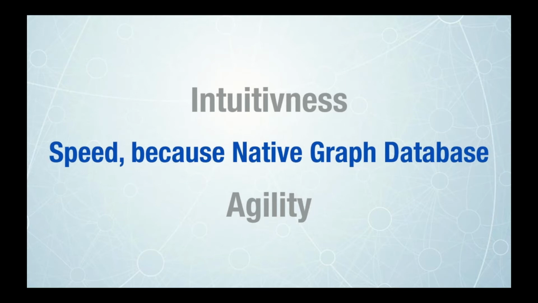And speed, I mentioned, as you're able to have a constant performance even as your data size grows, as long as you're going on the same size of data. And that's really because of the native graph database technology. We're built from the bottom up as a graph database. What our developers internally at Neo4j deal with every day is graphs.